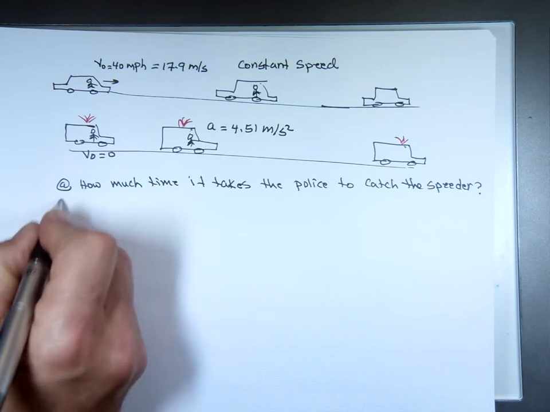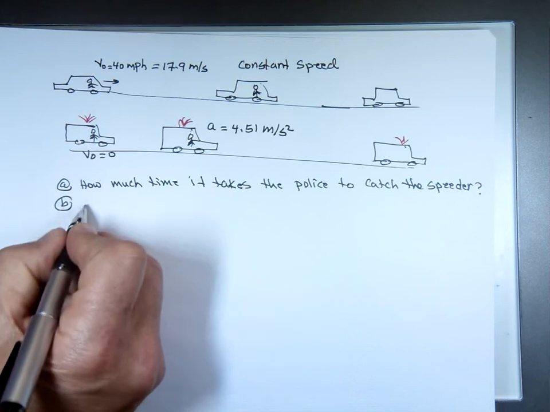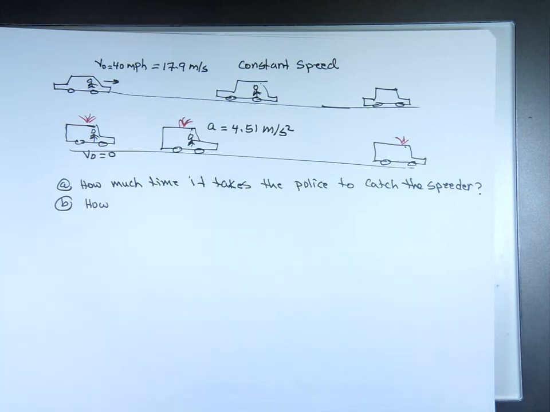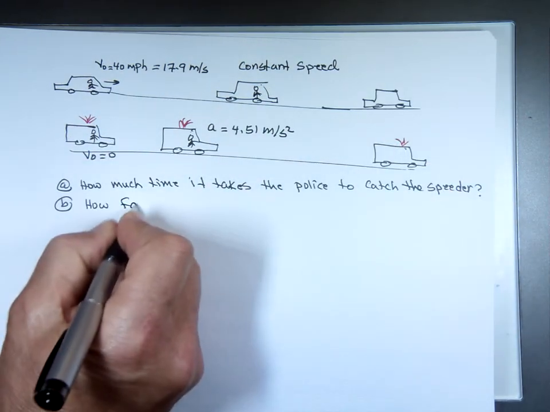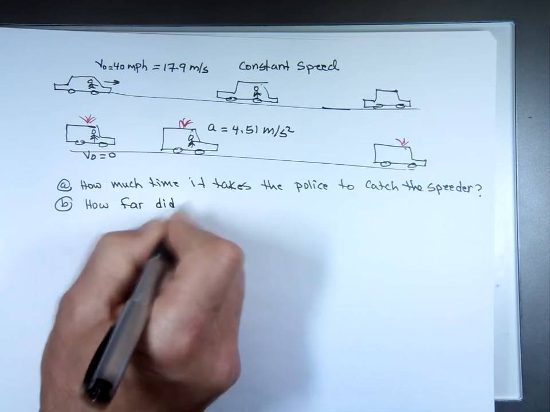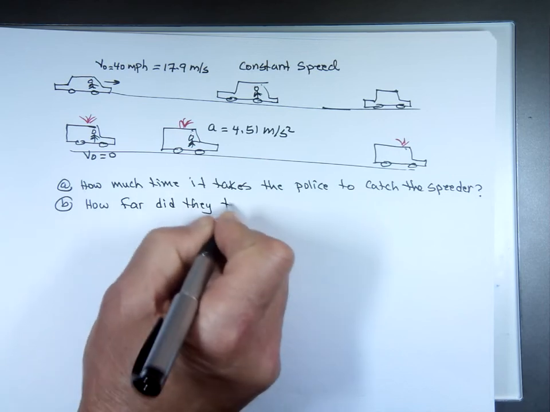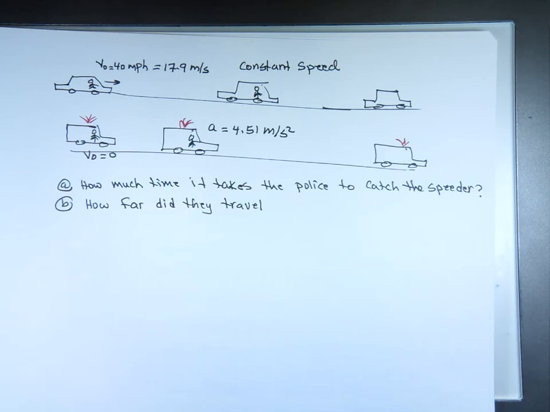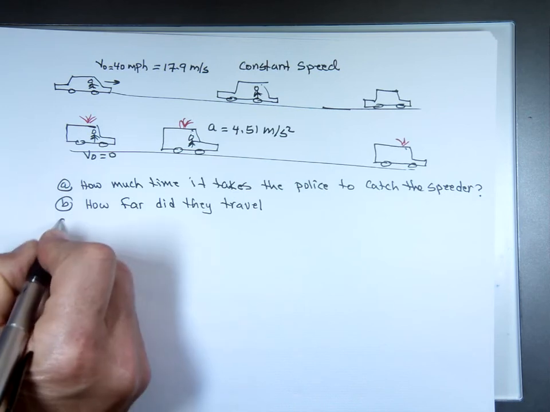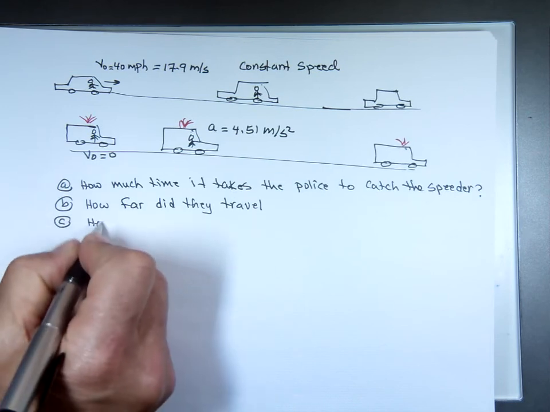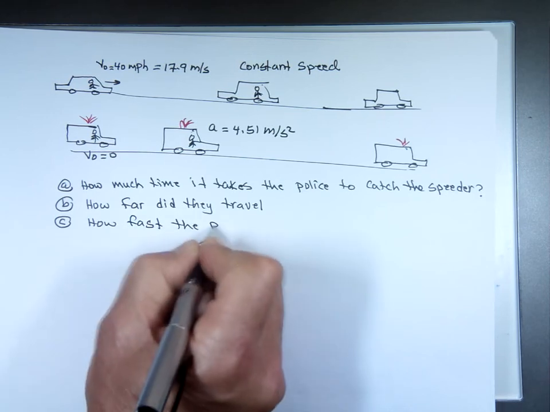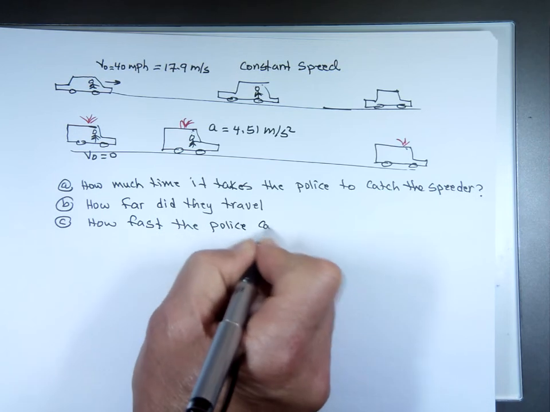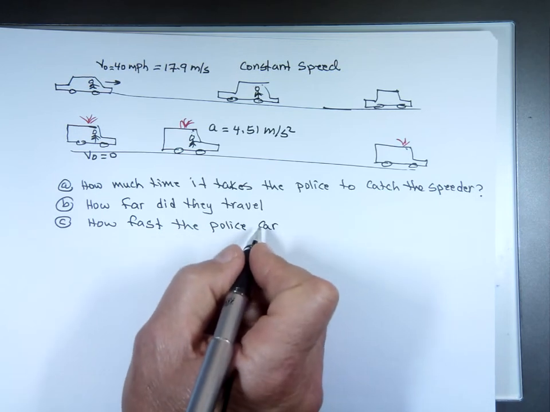Second part, how far did they travel? Assuming they're going to start at the same spot, right there. How far did they travel, distance? And let's ask you the last question. How fast was the police car traveling when it catches the speeder?